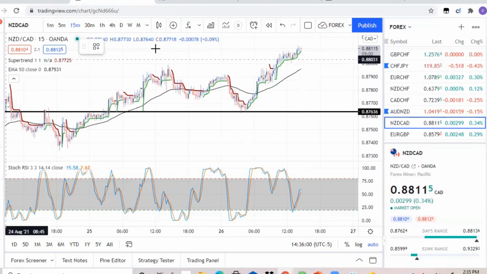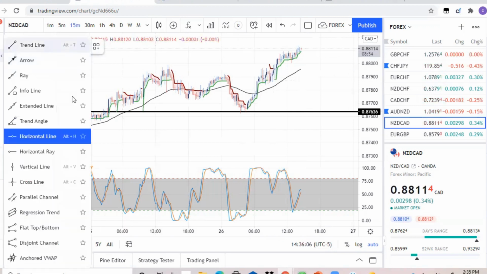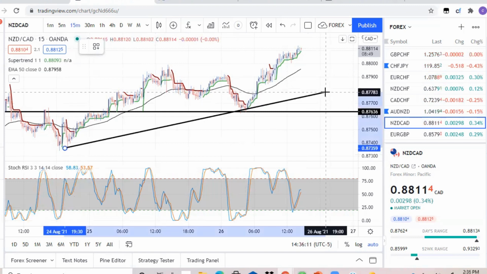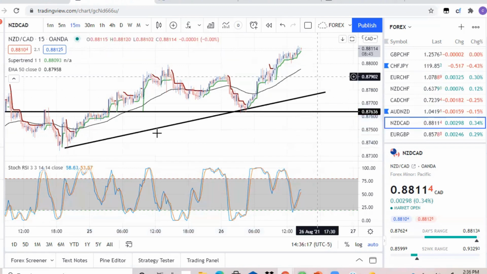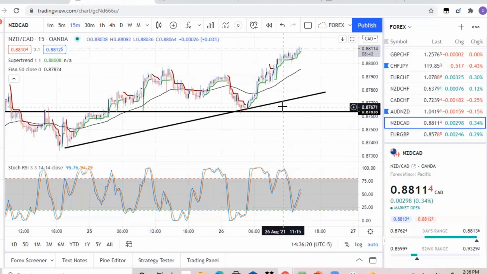And then for your trend line, all you guys have to do is come over here, click on the arrow again, trend line, and boom. That's how you can mark up a trend line. Majority of the time, I mark up my trend line going from wick to wick, whether it's the lowest low or the highest high.